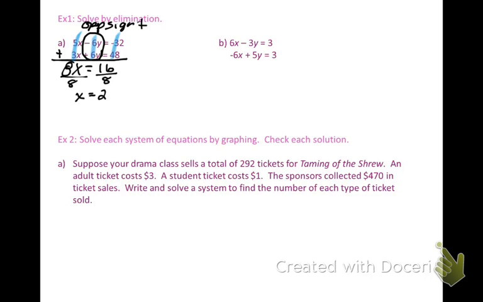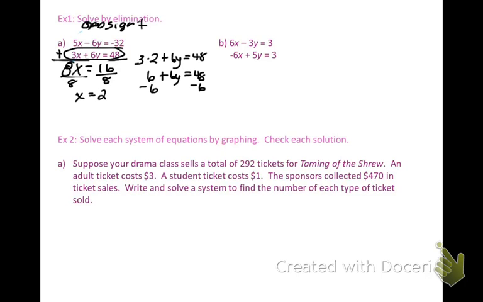Now, I have to find out what y equals. I'm going to plug it in. It doesn't matter which one you use. I'm going to use the bottom one right here. You get the answer the same way. 3x, well, x is 2, so I'm going to make it 3 times 2 plus 6y equals 48. 3 times 2 is 6, plus 6y equals 48.